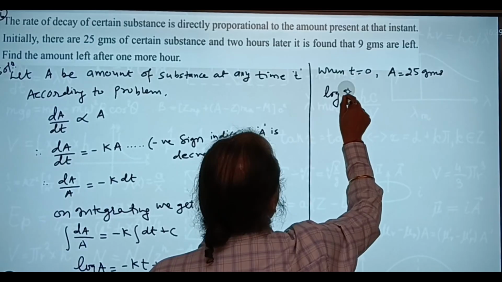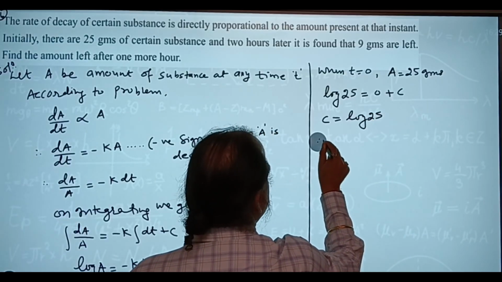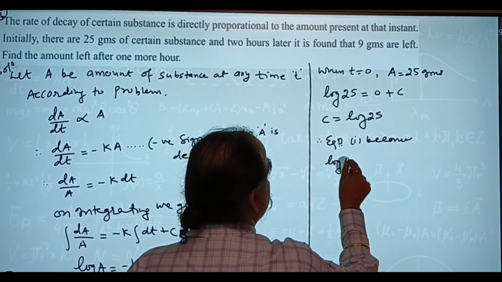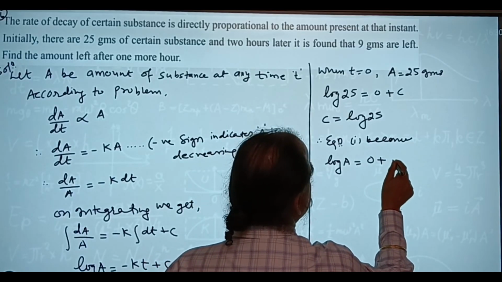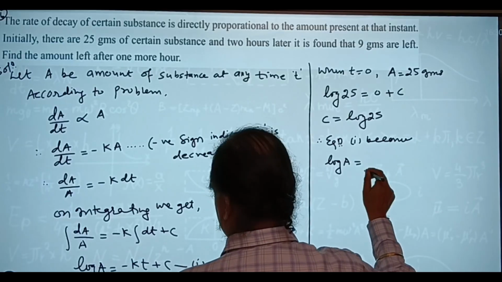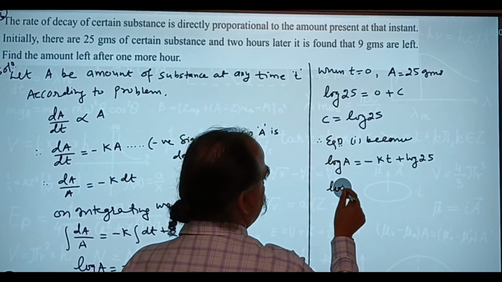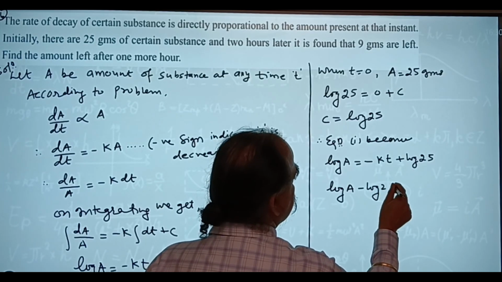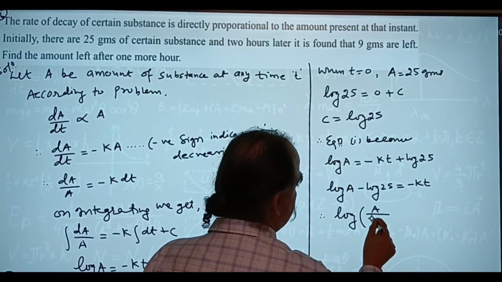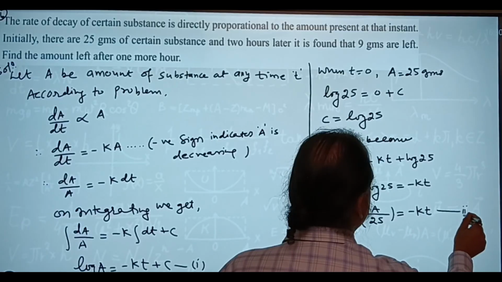So log of 25 is equal to 0 plus C. Therefore, equation 1 becomes log A is equal to minus kt plus log 25, so log A minus log 25 is equal to minus kt. Equation 2.